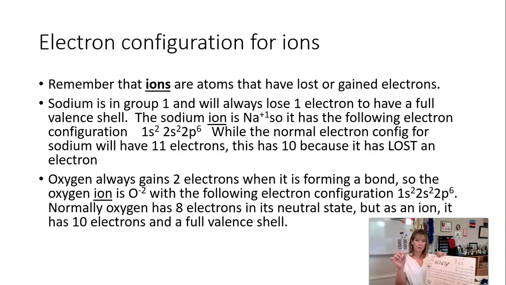All right. Oxygen will always gain 2 electrons. It's just what oxygen does. So let's find oxygen. I'm going to erase that too. Here's oxygen. First, I'll do a Bohr model for it.